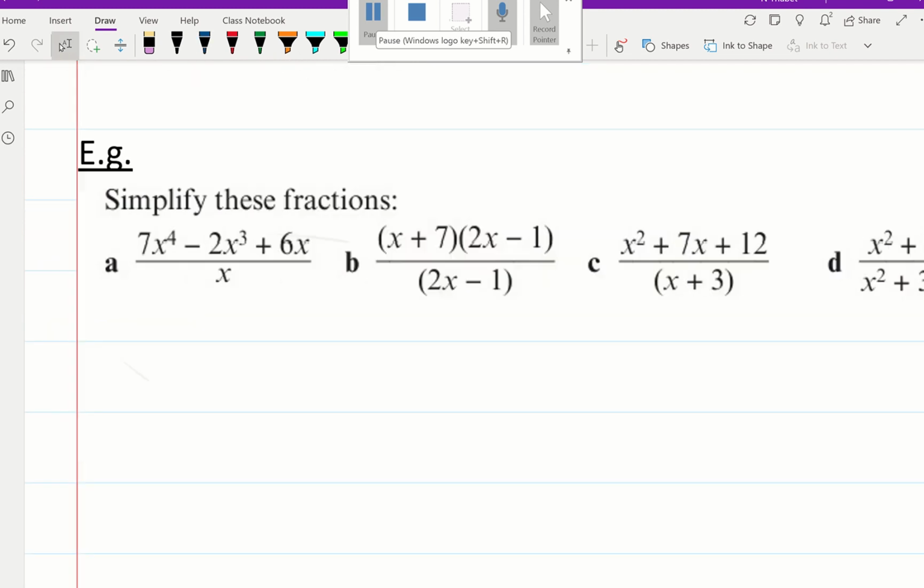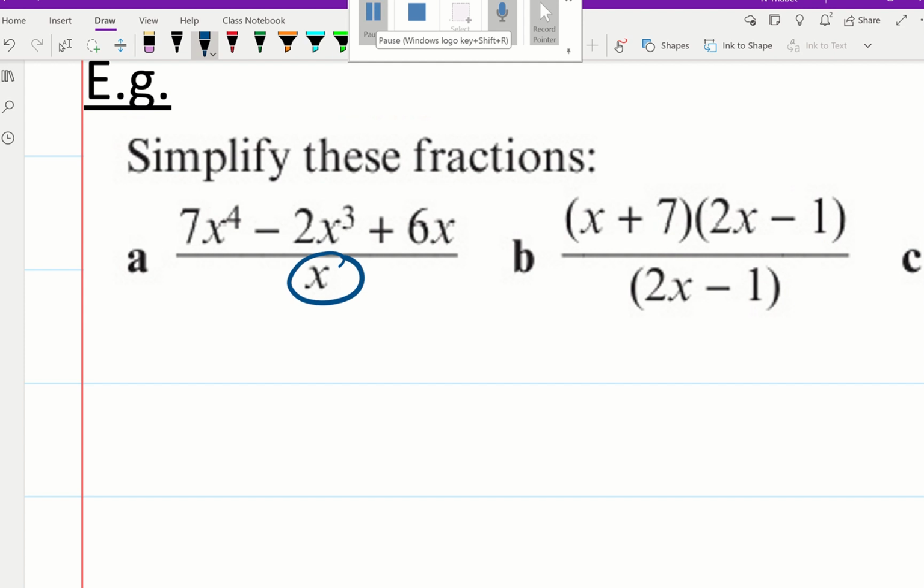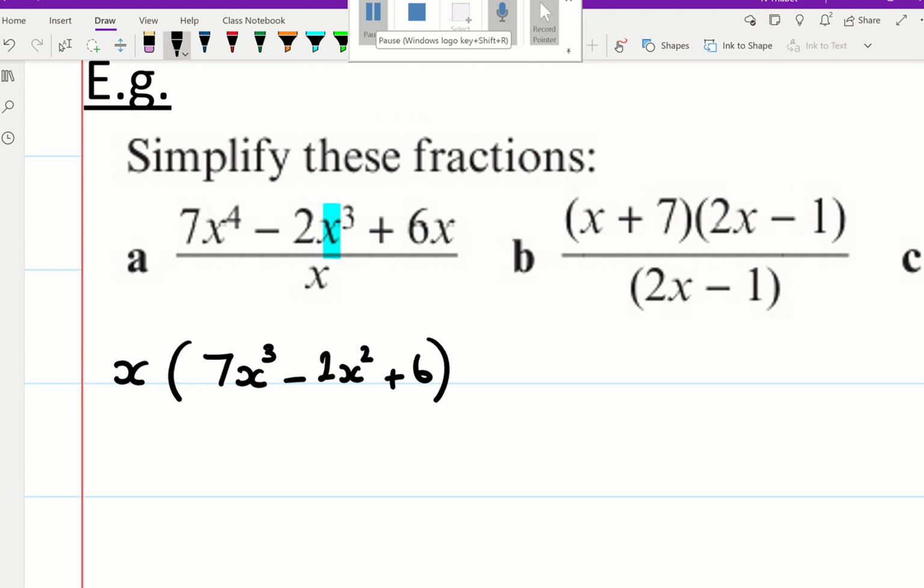So let's have a look at each of these examples. Simplify these fractions. Obviously, you can't factorize or do anything with that, so I need to factorize the top. Now, you can hopefully see that there is an x in each term. So the first thing you're going to do is factorize the x out, and that's going to give you 7x cubed minus 2x squared plus 6 all over x.